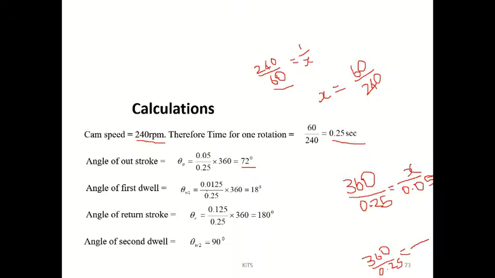In 0.0125 seconds, how many degrees will it cross? So we will get the answer as 18 degree.